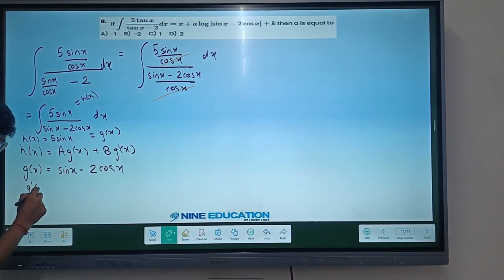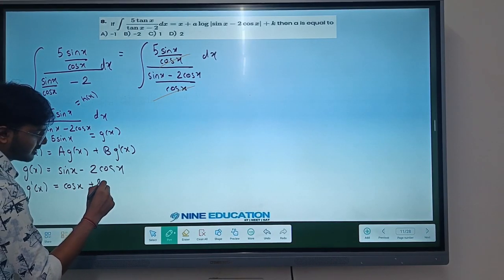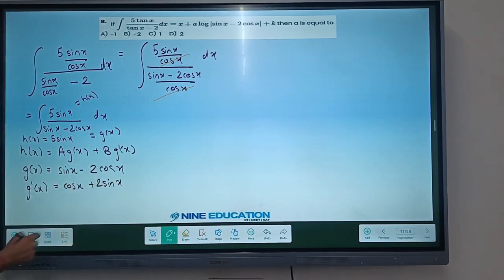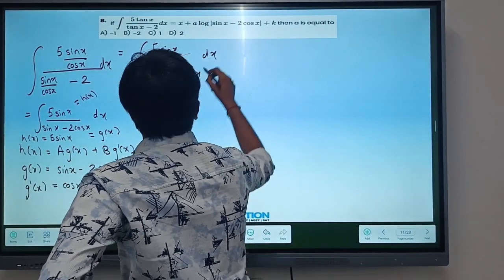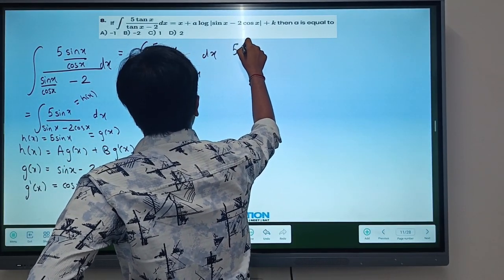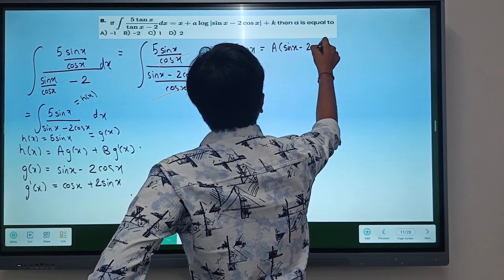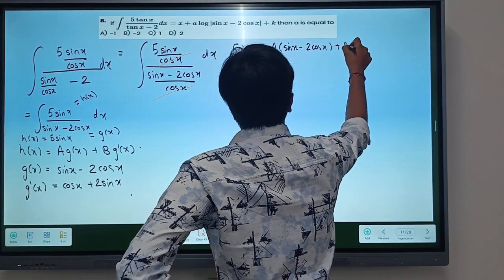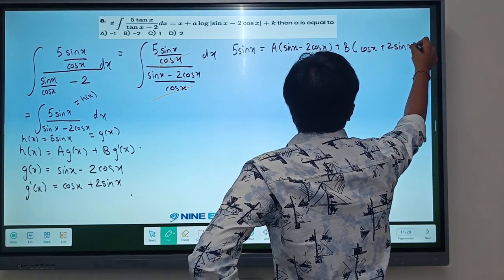Differentiation g'(x): differentiation of sin x is cos x, differentiation of cos x is minus sin x. So minus times minus becomes plus. So cos x plus 2 sin x. Substitute over here, we get h(x), that is 5 sin x, equal to a times (sin x minus 2 cos x) plus b times (cos x plus 2 sin x).